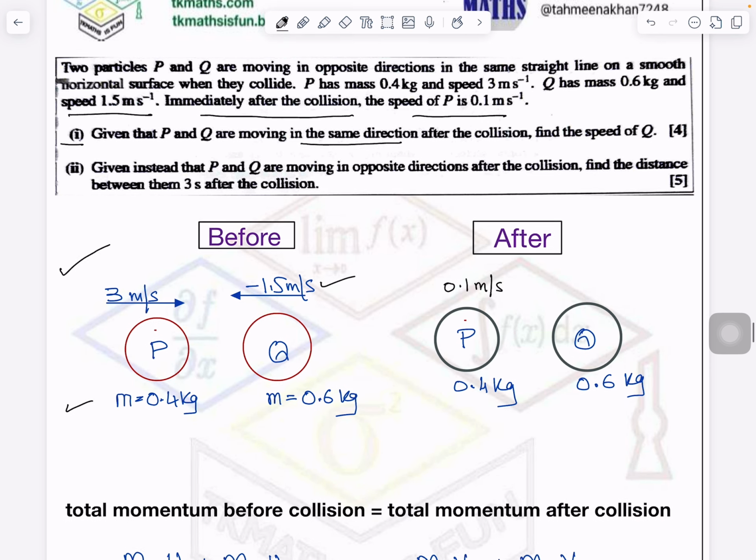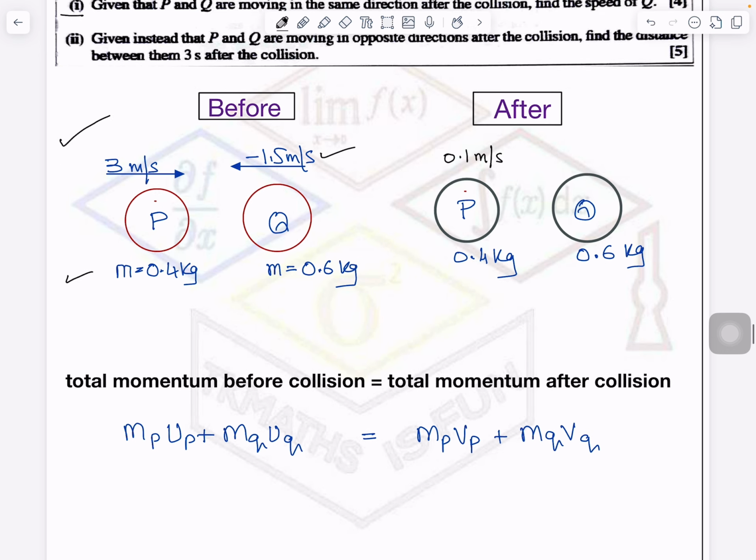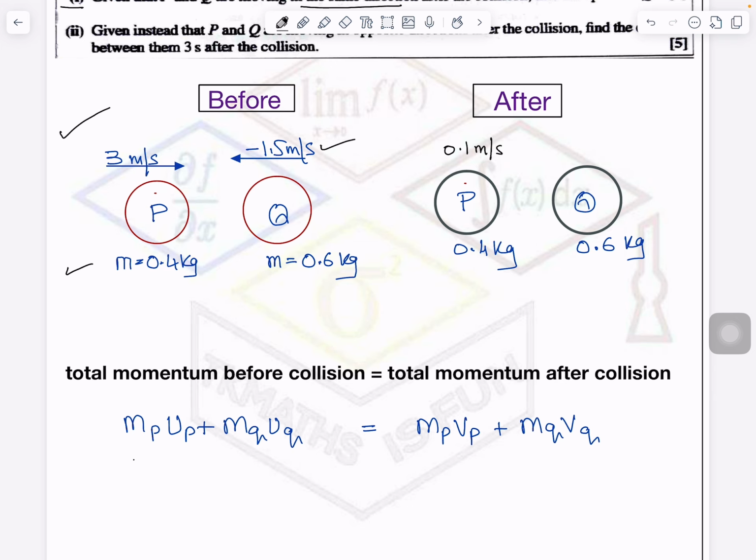Now the concept here is, there are two ways you can check it. Number one is you can check the momentum of P. Momentum of P is 0.4 into 3, which is 1.2.